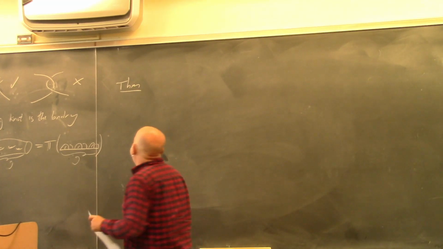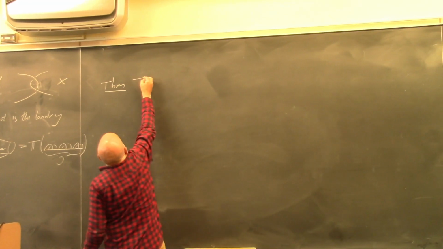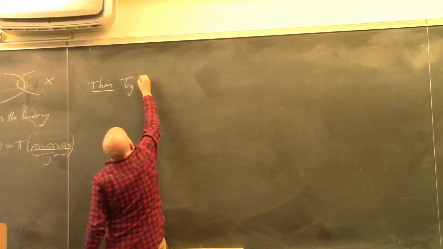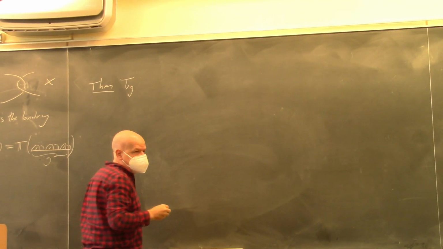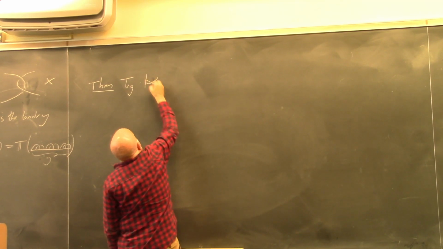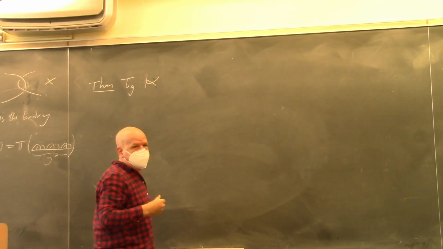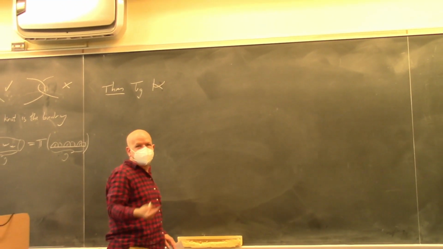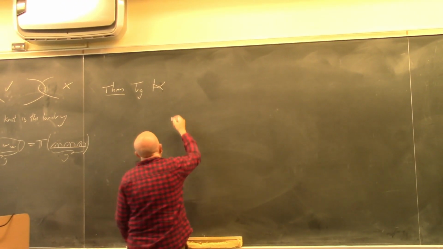Okay? So let tau sub g be a map from the knottings. So as I write the theorem, I'm introducing a notation. Okay?